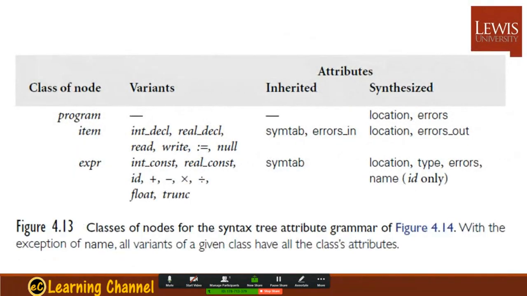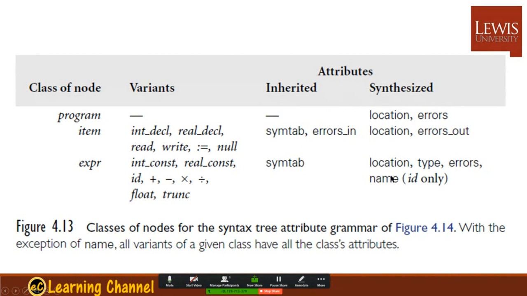And class of a node, we have different nodes. A variant are the symbols, and then inherited attribute, synthesized attribute. So this one is to show you each node and their attribute other than the arithmetic functions or action routines.